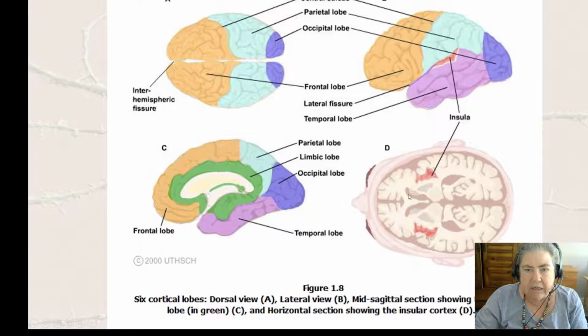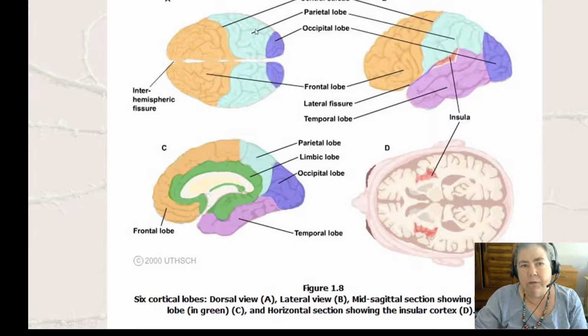The interhemispheric fissure is this very deep fissure down the middle at the mid-sagittal plane. The central sulcus is an easy to see groove that very clearly separates the frontal lobe from the parietal lobe.